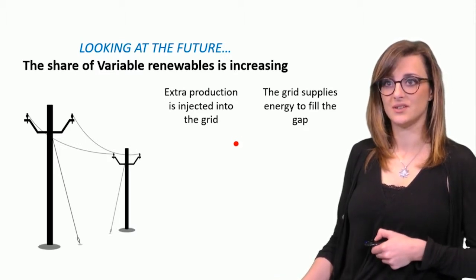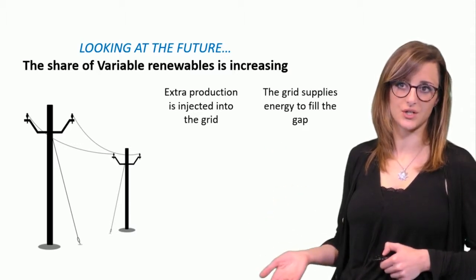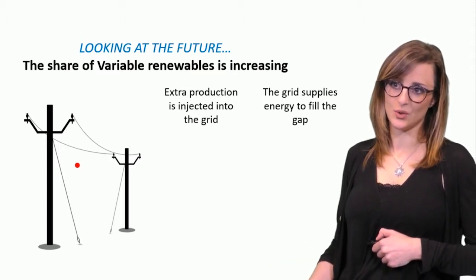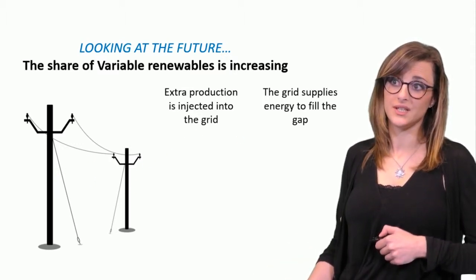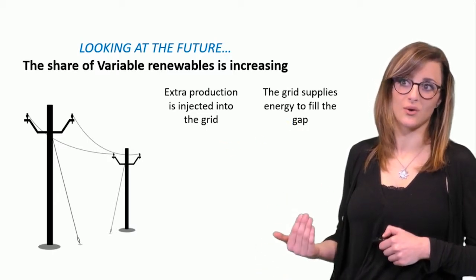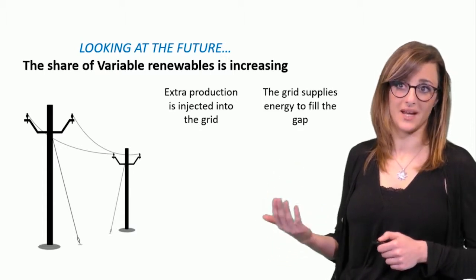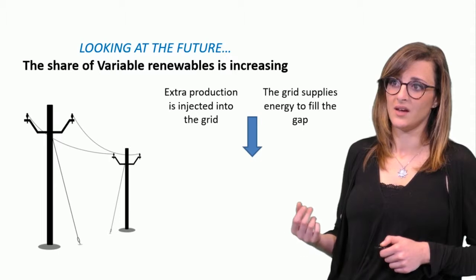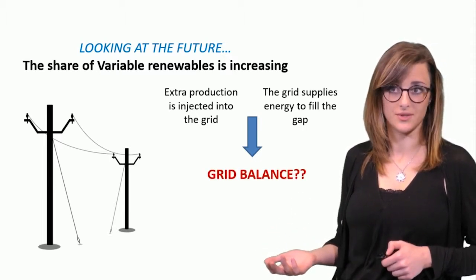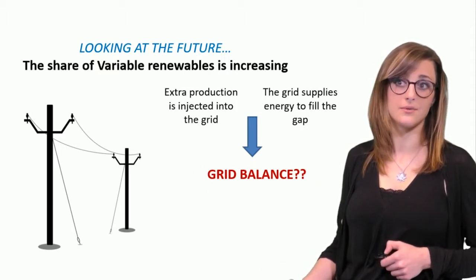But looking at a scenario with an increased share of variable renewable energy, this is no more feasible because we need to inject big amounts of energy into the grid or to use the grid as an auxiliary supplier in many cases. And this may cause several damages and problems to the grid. So the crucial theme right now is the grid balance.